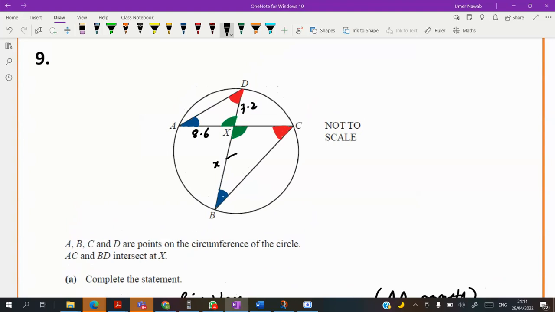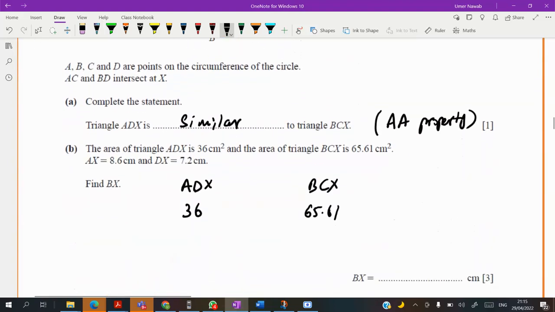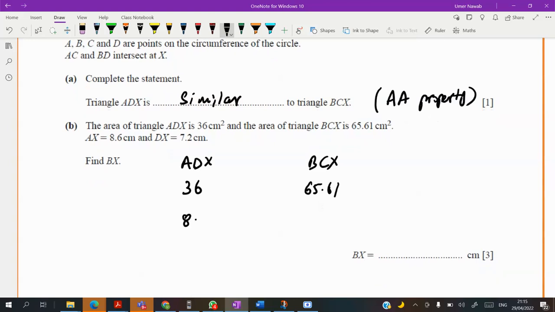So BX is opposite to the red angle, and which side is opposite to the red angle? 8.6. So x corresponds to 8.6. So 8.6, and here I will write x. On top of the areas, I will write 1 over 2. I already explained to you why we do this.